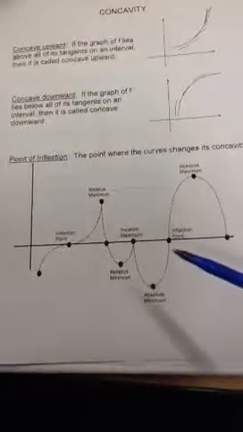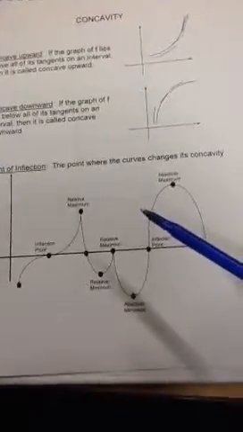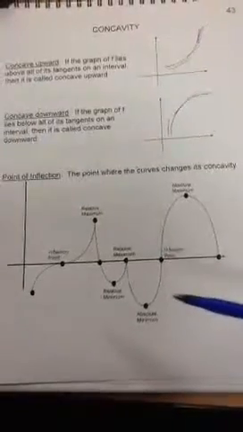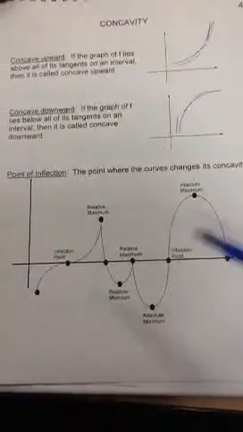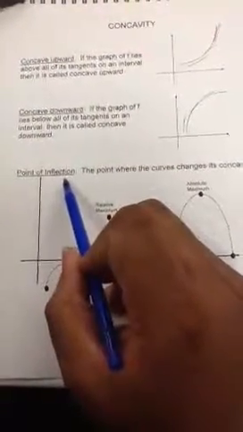And we talked about the different types of mins. We talked about absolute mins, local mins. It's the same thing with max, absolute max, local max. One thing we need to talk about is points of inflection.